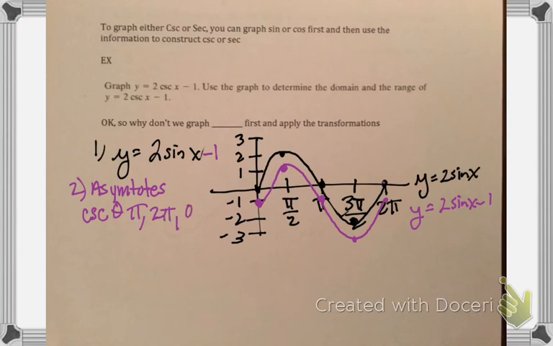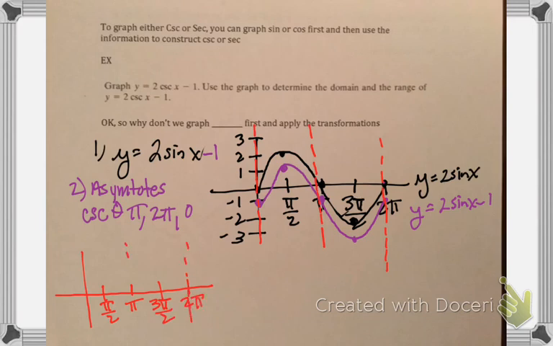Okay, so I'm going to use a different color here, red. All right, so what does this look like? Here's 1, here's 2, and here's 3. All right, so I'm going to recopy this down quickly. I'm going to quickly put in red the sine graph. So we have pi over 2, pi, 3 pi over 2, and then 2 pi. And once again, the asymptotes, I'm going to place those in there really quickly.